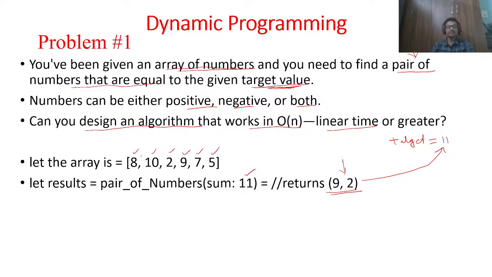Sometimes the 2 may be present here and 9 may be at the last position. So don't think that they are side by side only. Two numbers we need to identify, that two numbers form a pair whose sum is equal to our target value. This you need to find out. So first let us discuss this.